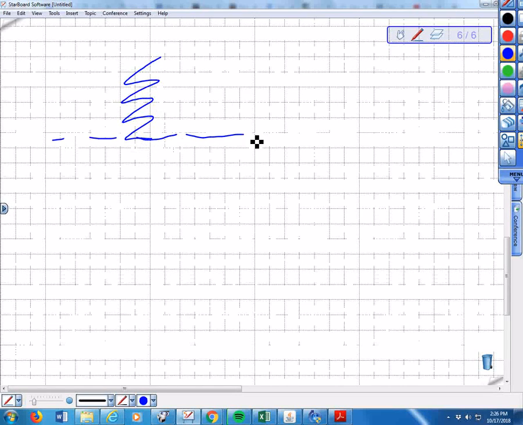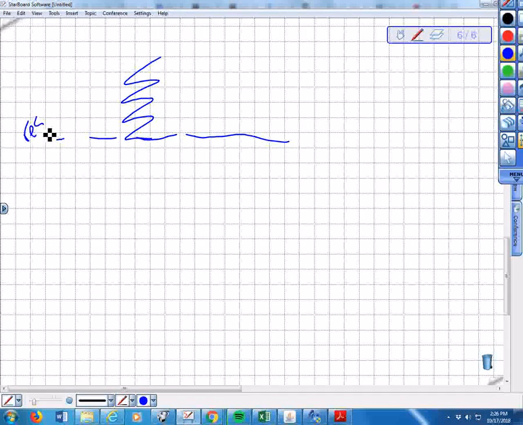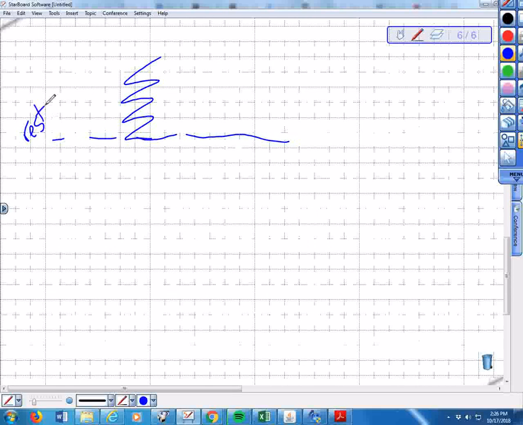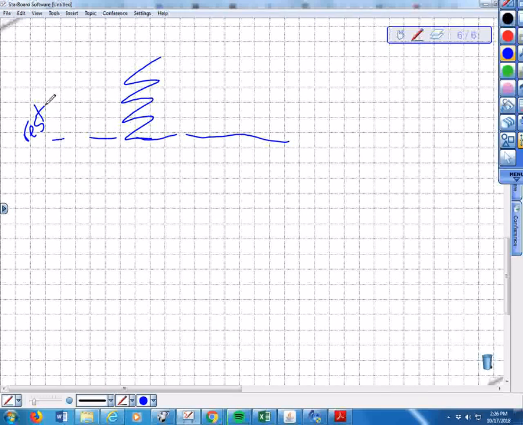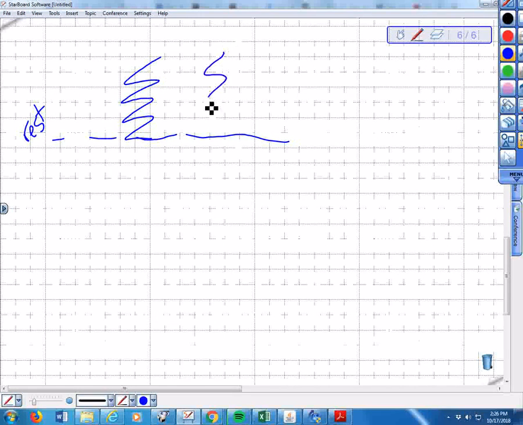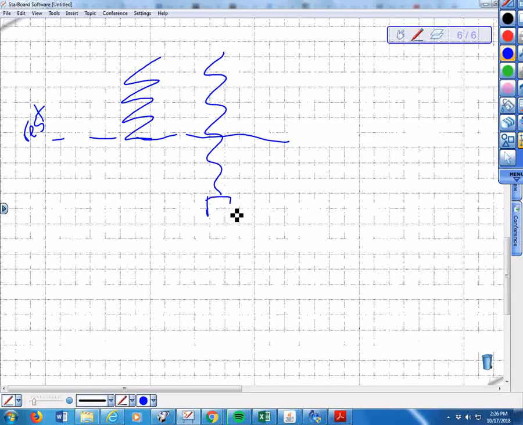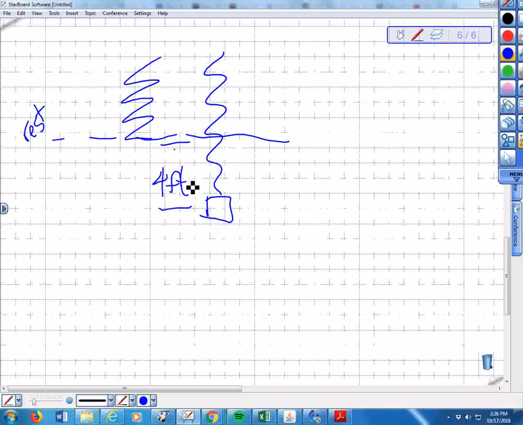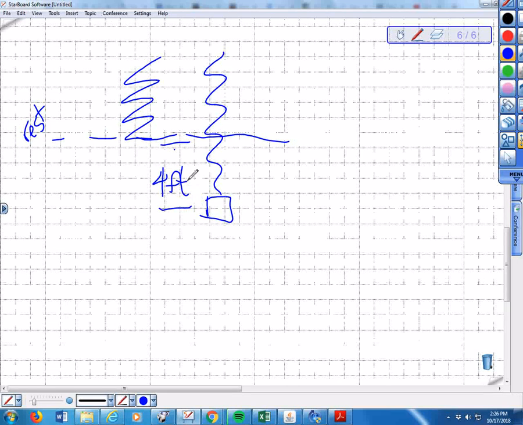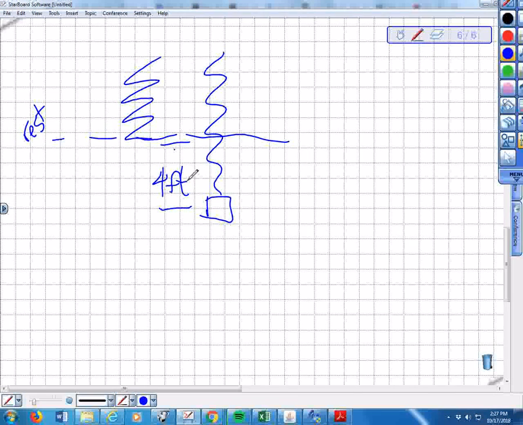This is rest. And what this one says is a mass is suspended from a spring and is pulled down a distance of, and I'll make one up, 4 feet. So we have this mass, and this distance is 4 feet. The mass is released at time equals 0 and allowed to oscillate.